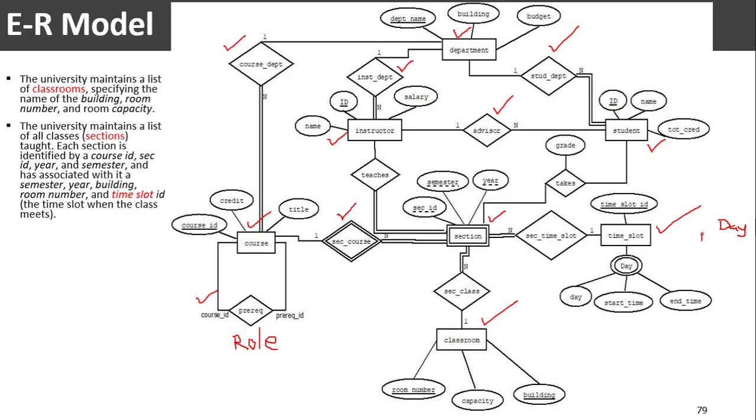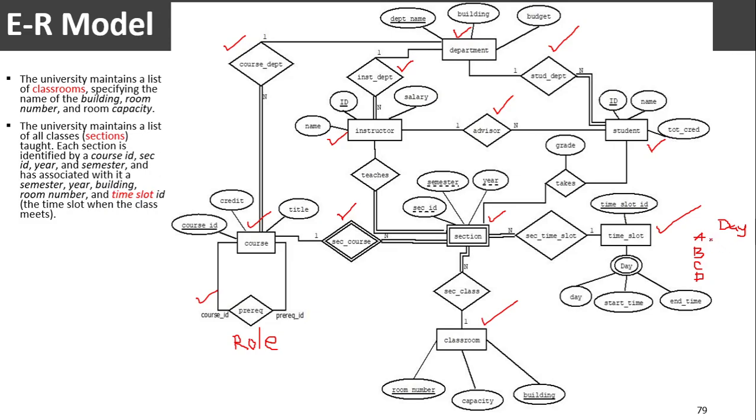Say for example, I am having 4 time slots per day, say A, B, C, D, and every time slot is having some start time and end time. So my time slot ID A will be on every day, Monday, Tuesday, Wednesday, Thursday, Friday, Saturday. Okay, B would be on Monday, Tuesday, maybe likewise.